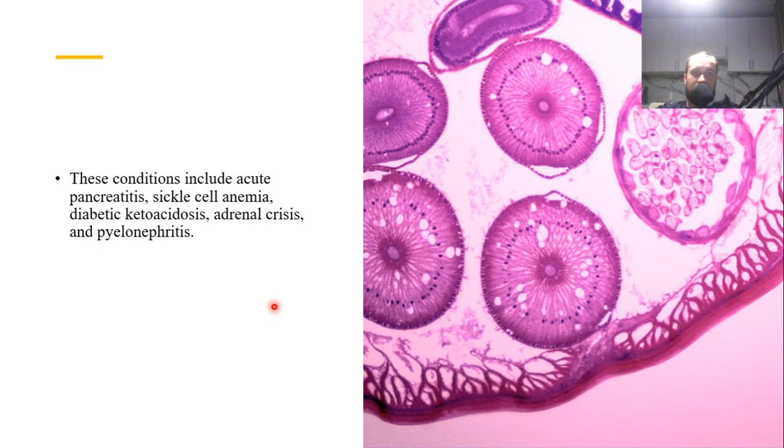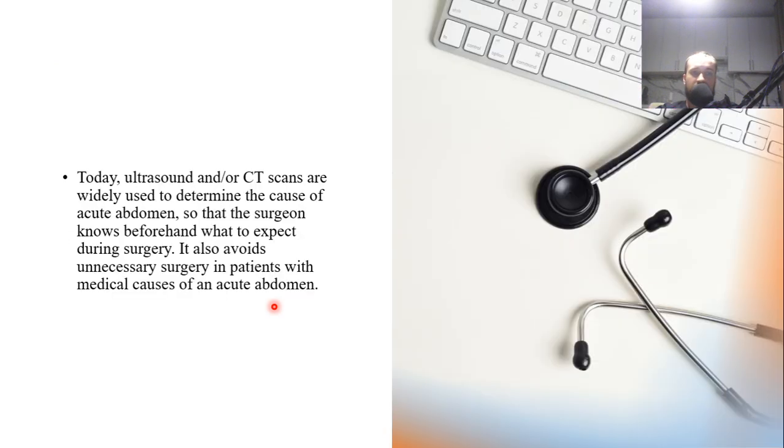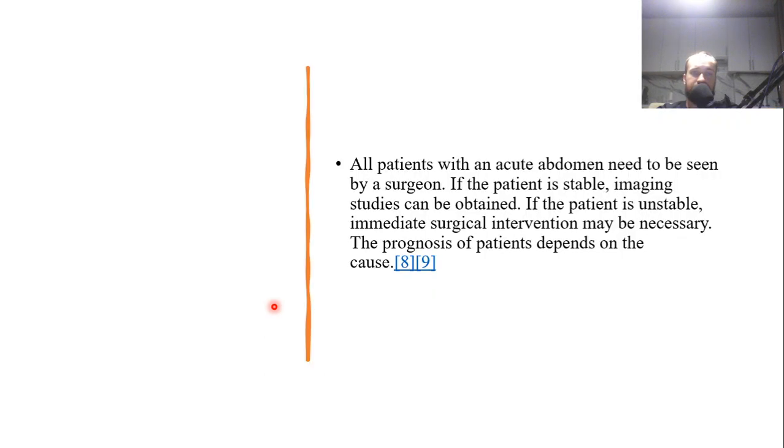These conditions include acute pancreatitis, sickle cell anemia, diabetic ketoacidosis, adrenal crisis, and pyelonephritis. Today, ultrasound and CT scans are widely used to determine the cause of acute abdomen so that the surgeon knows beforehand what to expect during surgery. It also avoids unnecessary surgery in patients with medical causes of an acute abdomen.